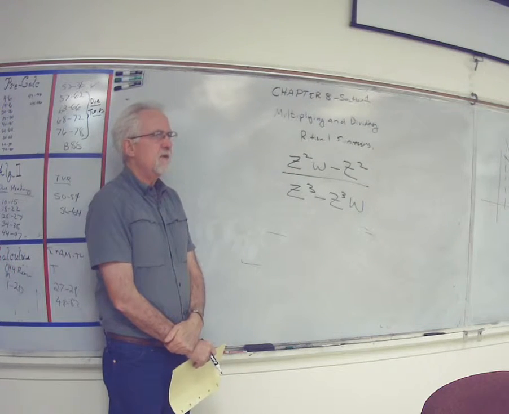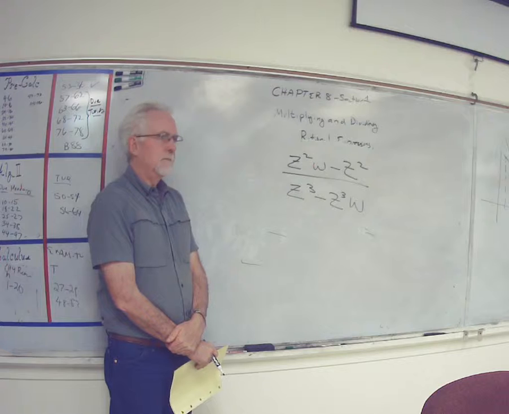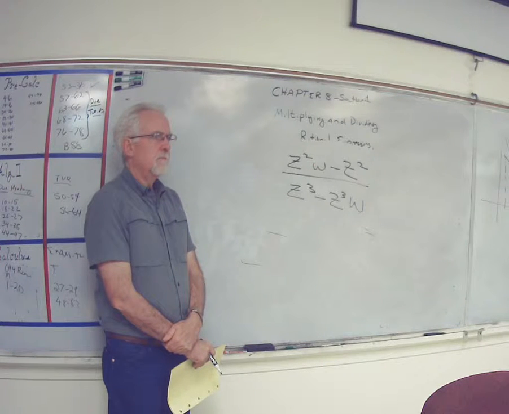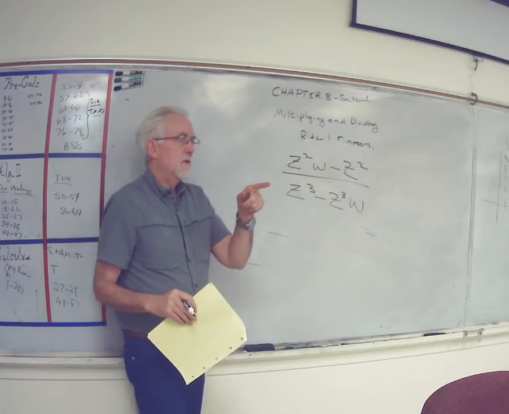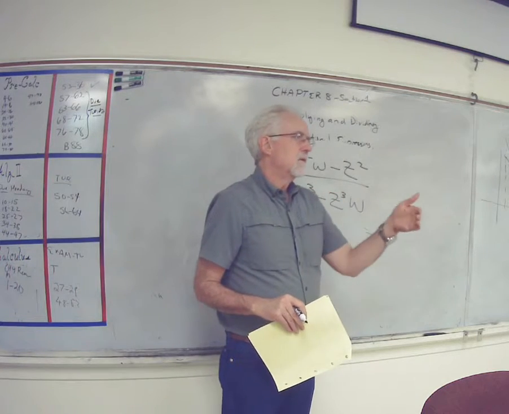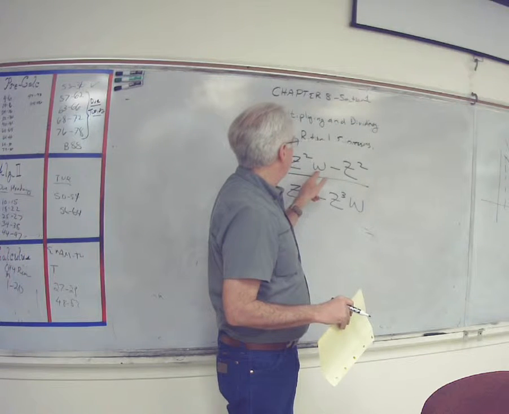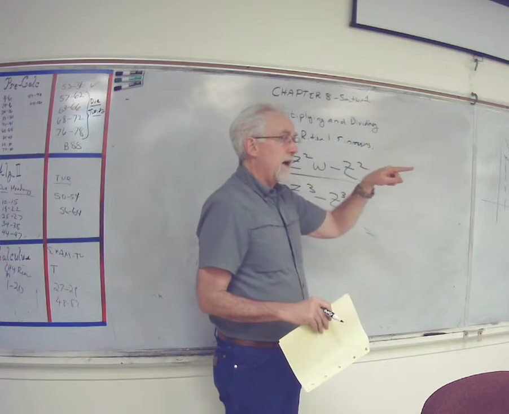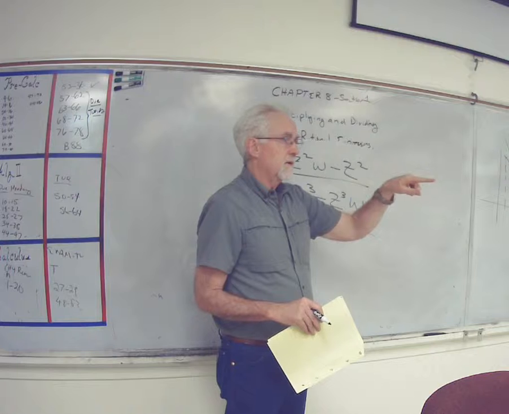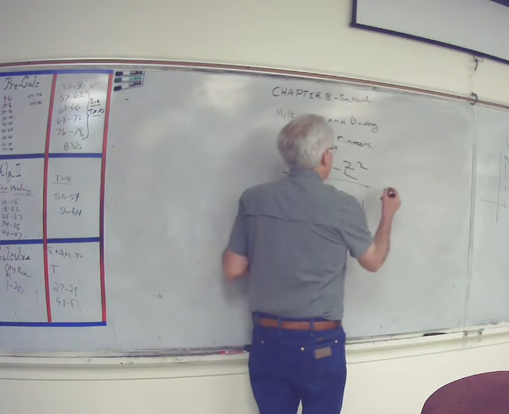Is there anything that you could do? You can divide z through w. Well, I can't. What can I factor out of what, Tanner? Z squared. All right.